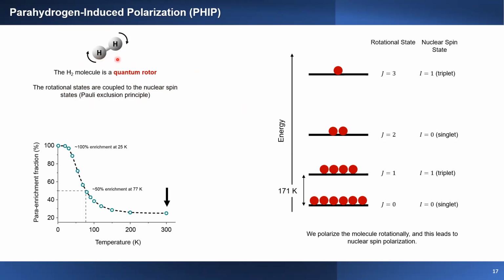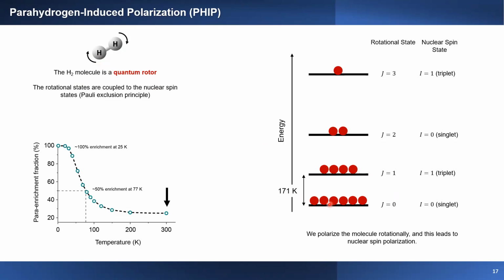So you have a system of two coupled fermions, and the overall wave function must remain anti-symmetric with respect to particle exchange. So what it means is that if the nuclear spins are in a symmetric state, if you can exchange the two nuclear spins and the molecule looks the same, then the molecule must be in an anti-symmetric rotational state.